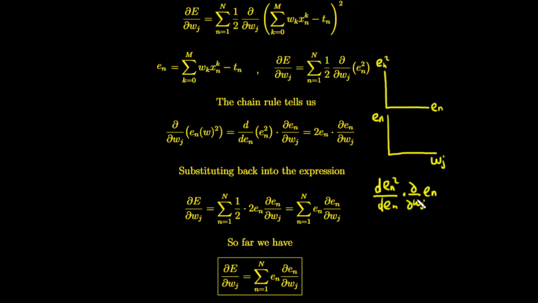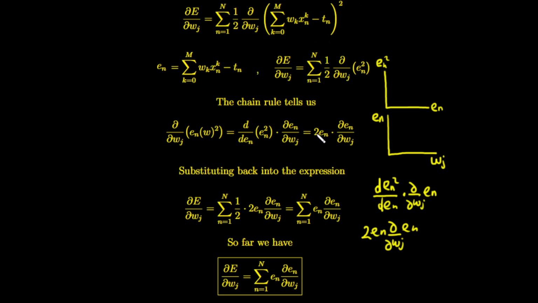Now it's a partial differentiation here because the omega j has got lots of different values. So we can work through this differentiation. We'll end up with 2 en, and we're left with partial by partial wj of en. And that's what you see here. The final differentiation using the chain rule is going to be 2 en times partial en upon partial wj.